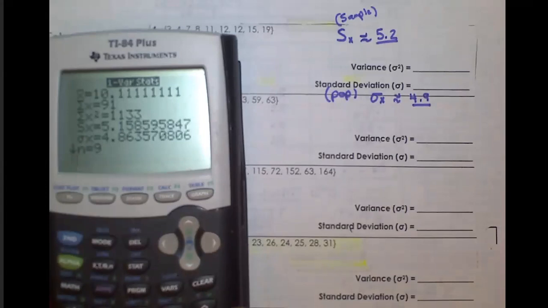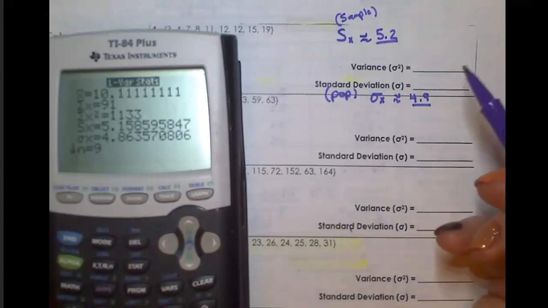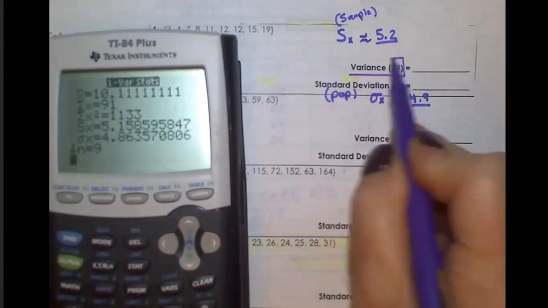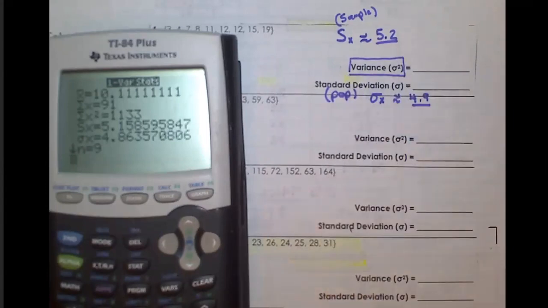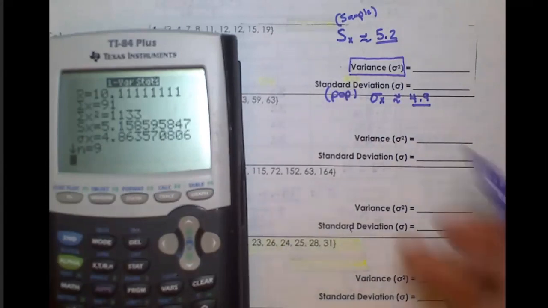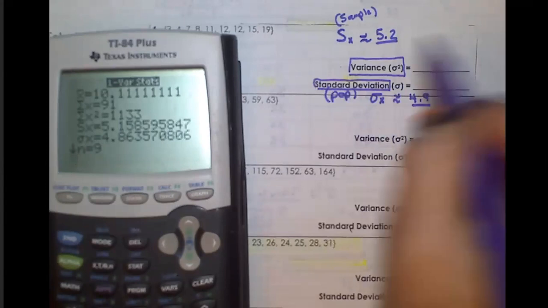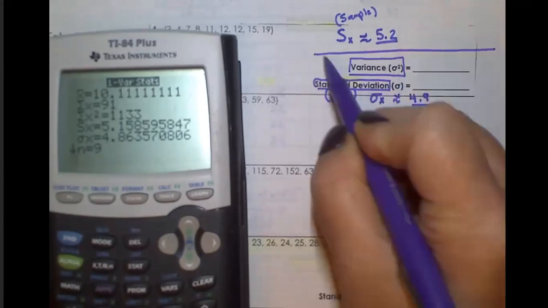Now, let's say you want to know the variance. If you recall, the standard deviation is the square root of the variance, so to get the variance you square it. This one right here was dealing with population.